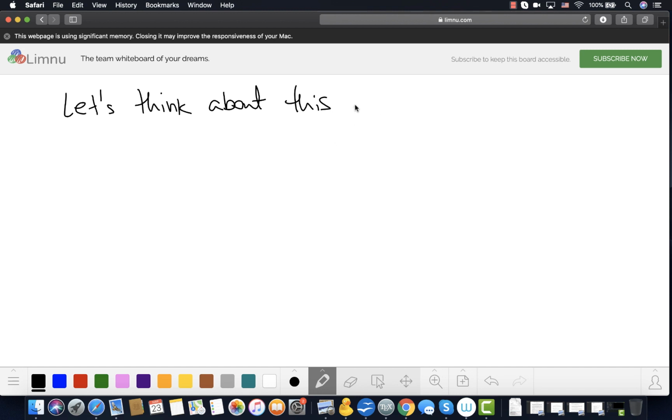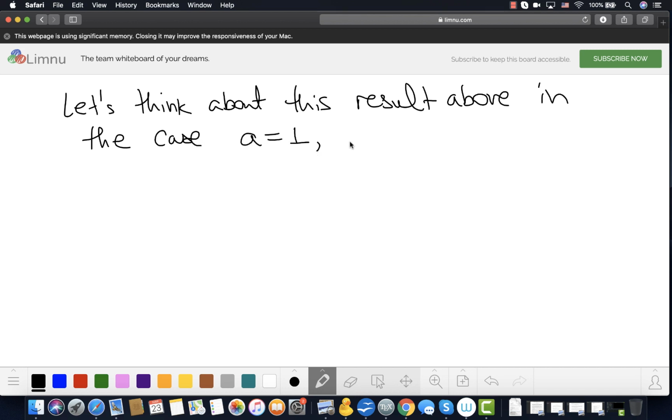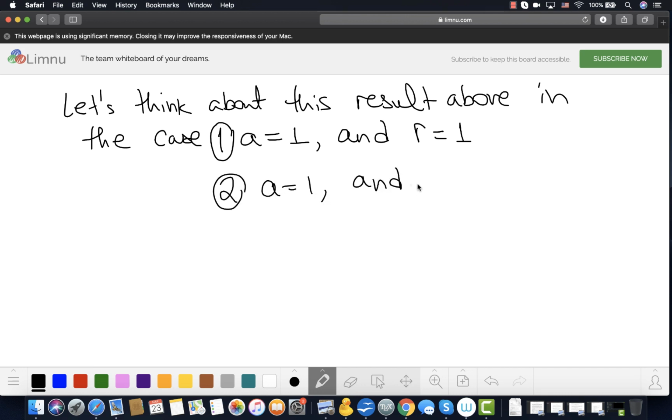Let's do the case when a is 1 and r is 1. That's the first case. The other case to consider is a equals 1 and r equals minus 1. Understanding what happens in these cases will be insightful.